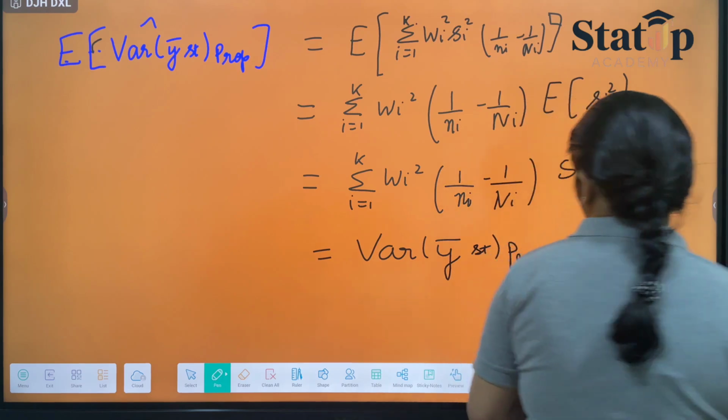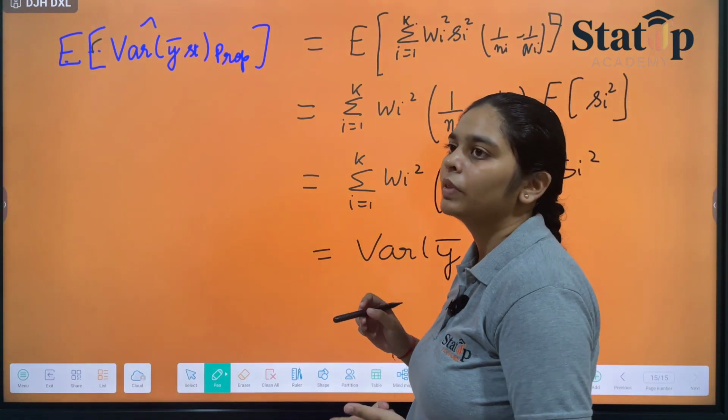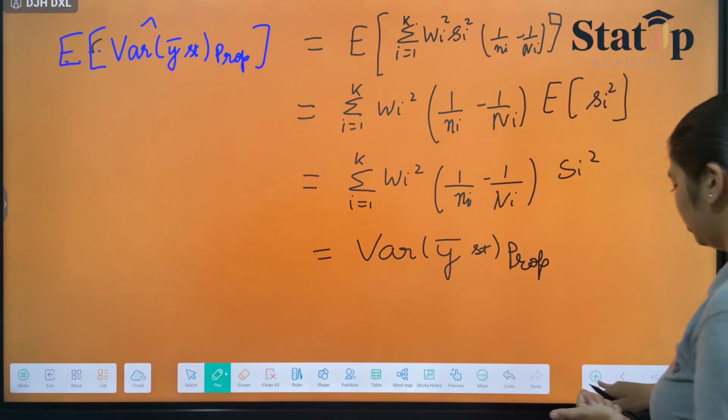Similarly we can go for optimum, equal, and Neyman allocation. You can do that on your own.